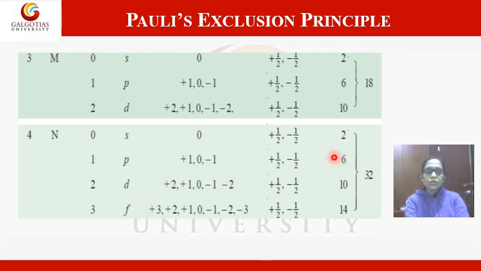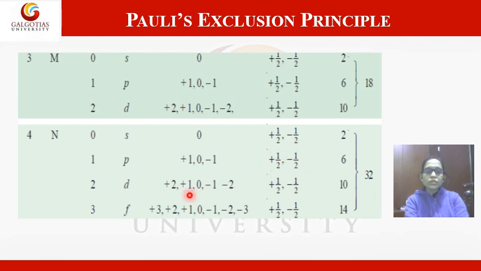Considering the 4s orbital, it has 2 electrons, where n, l and m are similar but the spin quantum number is different. Similarly for px, py and pz, it is also similar, with the spin quantum number different.